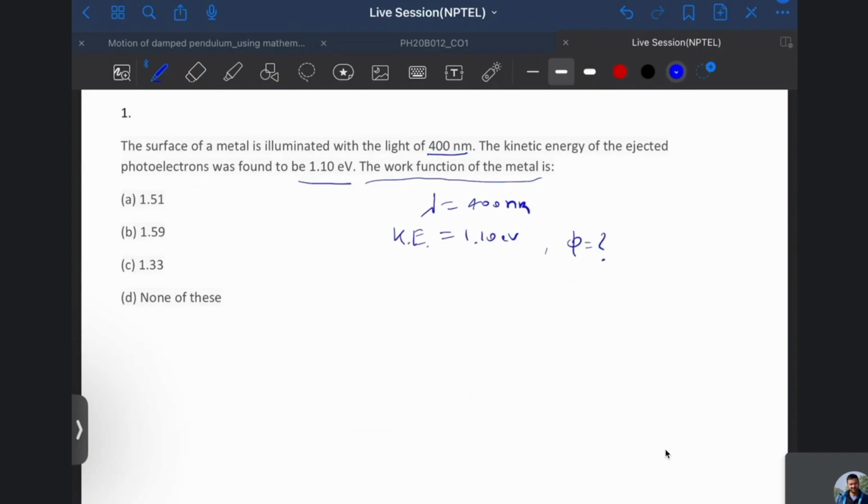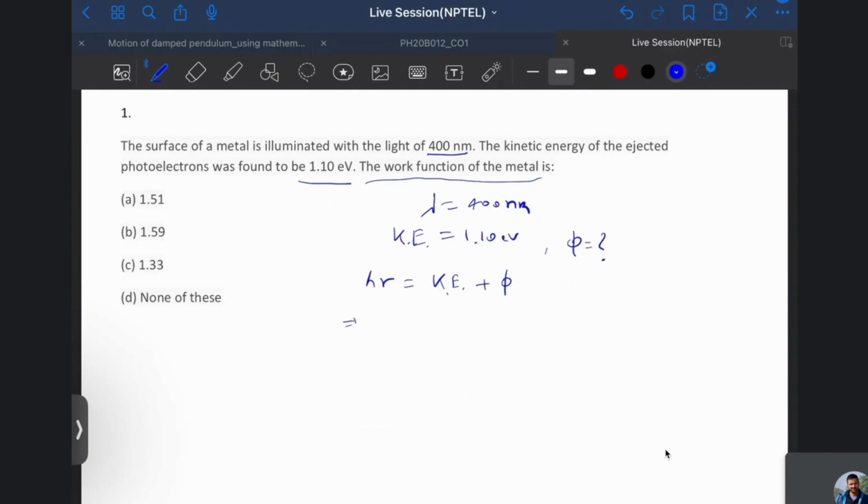Okay, so we have this formula that the energy of the light which is illuminated on the metal is equal to the kinetic energy plus phi, the work function, correct?